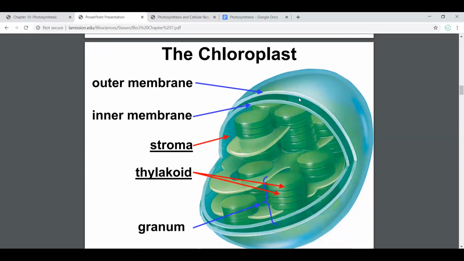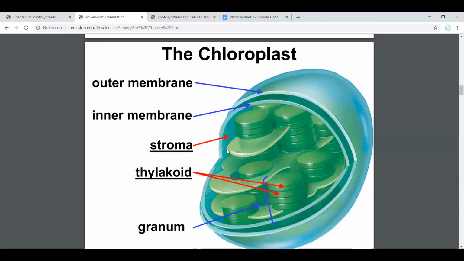But what is important is that inside the inner membrane, we have all of how the chloroplasts work. So here you have the stroma. It's kind of like the matrix of the mitochondria, like the cytoplasm of the inner part of the chloroplast. It's just where everything floats around. We call that the stroma.